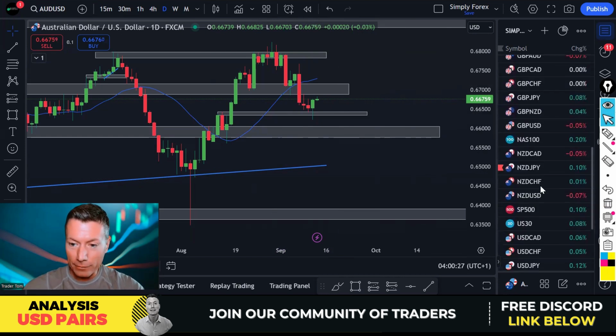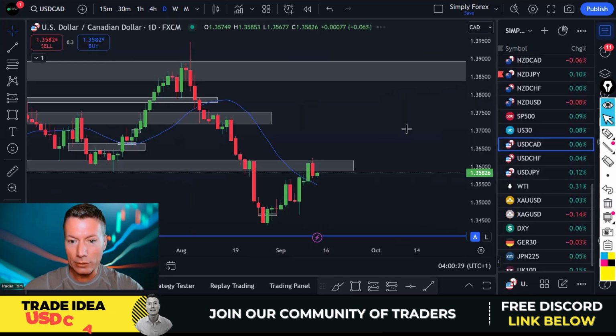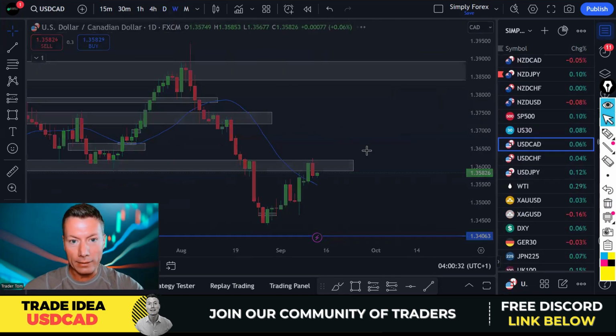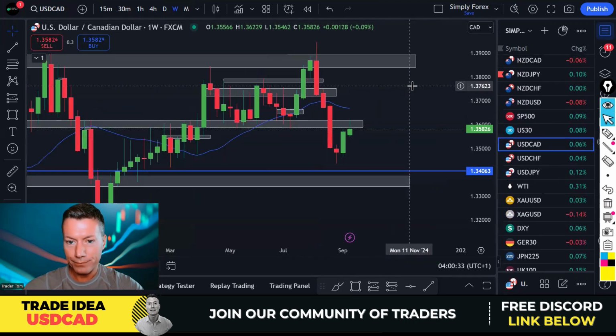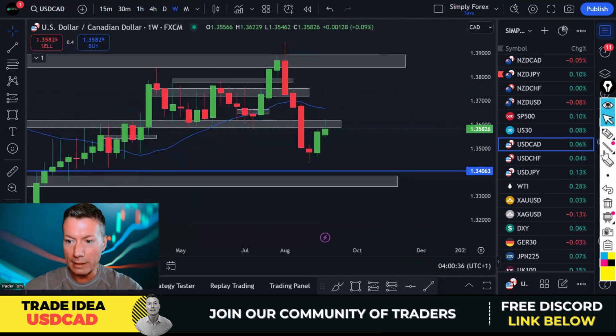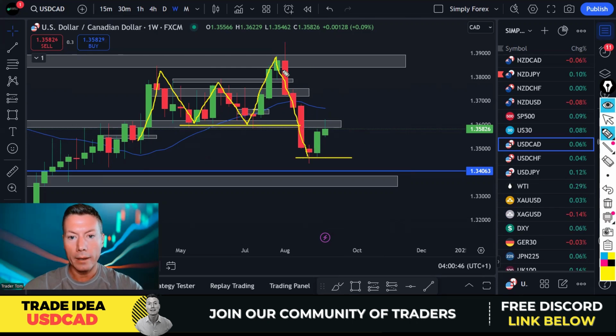And in fact, if we look at US dollar Canadian dollar, I really like this as a weekly trade. Yeah, this is the US dollar Canadian dollar weekly chart. And as you can see, we were in an uptrend and then bang, we're in a downtrend. Lower lows, and now we're just looking for a lower high. And what a lovely level this is, right? So in here could be a really nice level to start selling US dollar Canadian dollar.